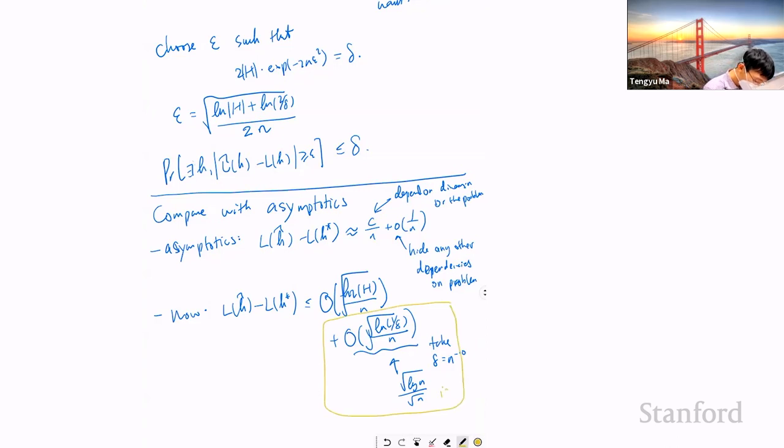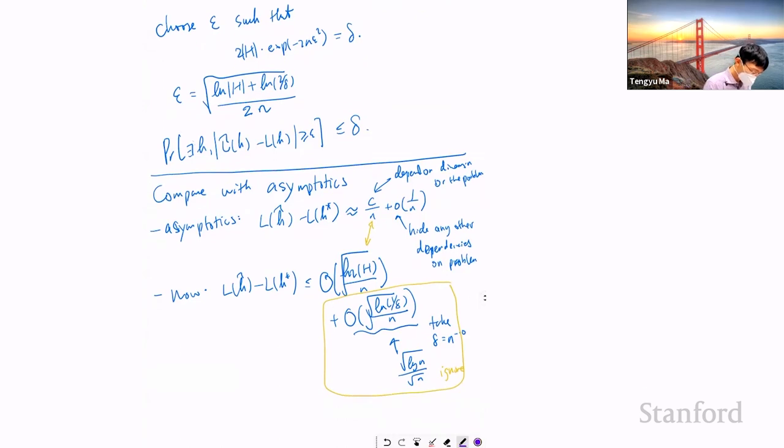Then you can compare the two. The first thing is that we have a worse dependency on n.